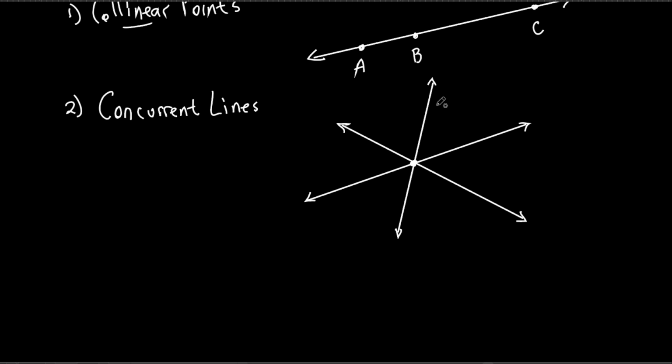Let's go back from yesterday a little bit and talk about naming lines. What's a really easy way to name this line right here? There's an easier way. Lowercase letter. If you do a lowercase letter, that's a real easy way to name a line. So give me a good lowercase letter.